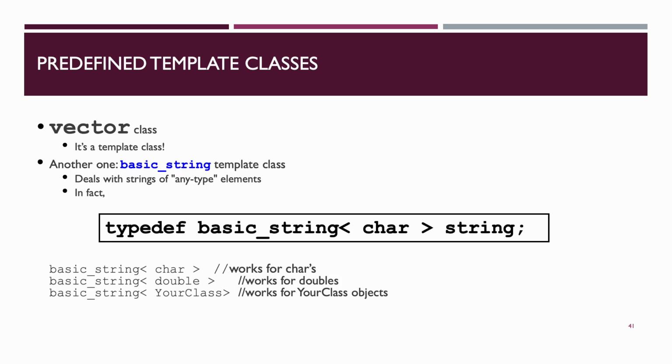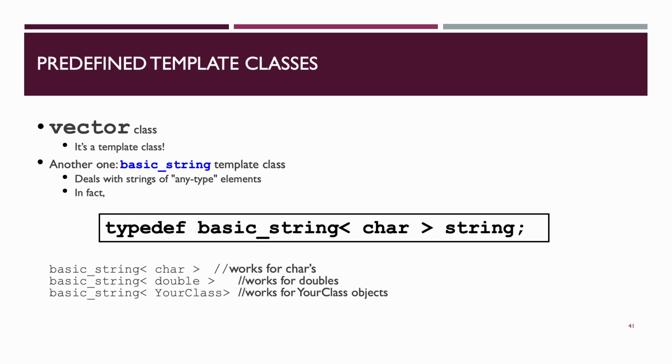So we could have some predefined template classes. If you see the vector class, it's a template class. Another one is the basic_string template class. Look at these examples, basic_string with character, with double, and with integer. basic_string itself is not necessarily limited to only character types, though it is intended to be used for string data.